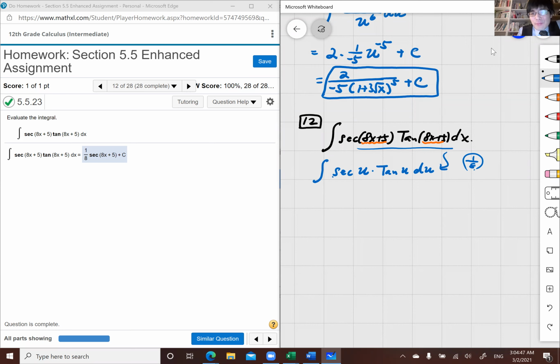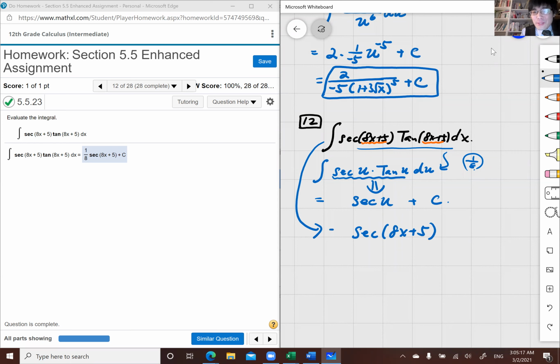Now, if you remember what function gives you this one after being differentiated, that is actually secant. So the answer should be like secant of something plus c. Okay. So if you remember the formula about this, then you should be able to find the answer to this one immediately because it's going to be secant of 8x plus 5.